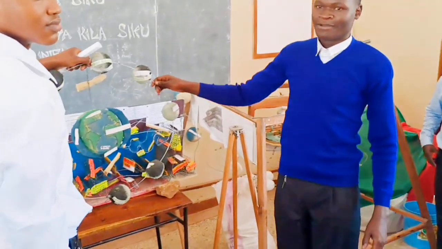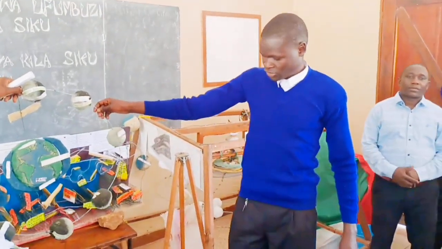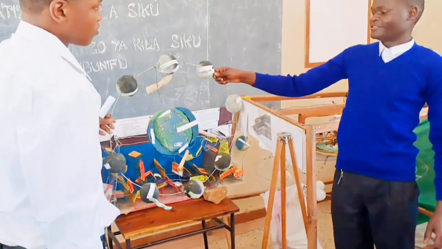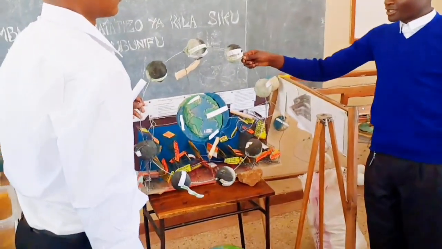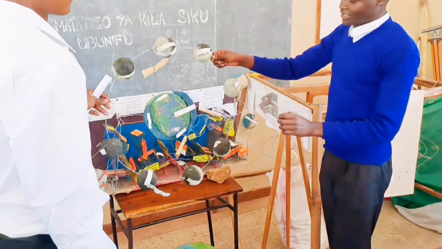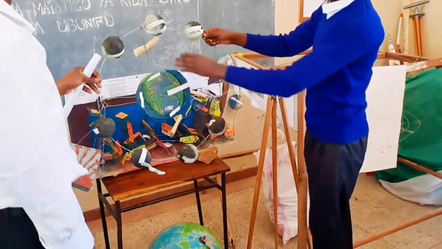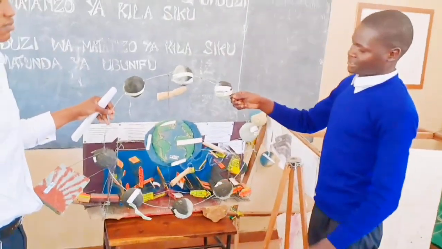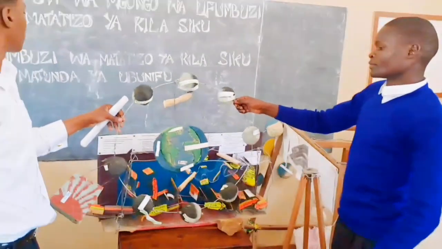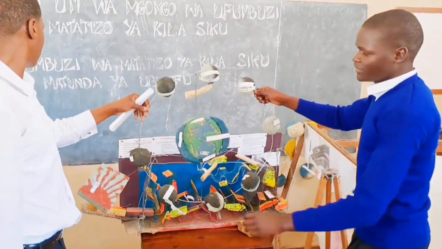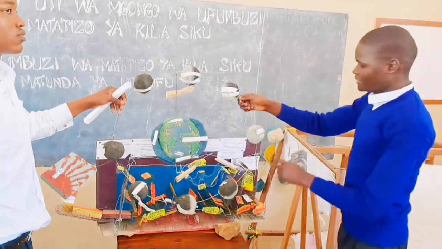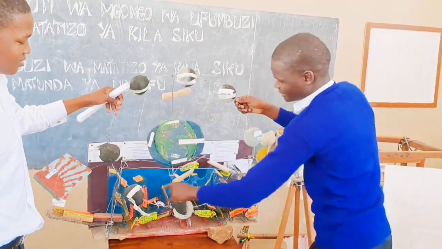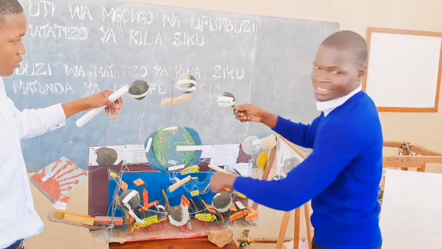We have been given the model which shows the causes of continental drift. Here is the northern part and the southern part. You see that this is the sun and this is the moon, and in this space there is a water mass.